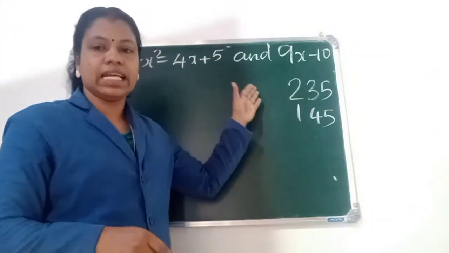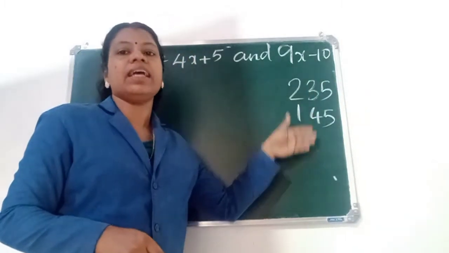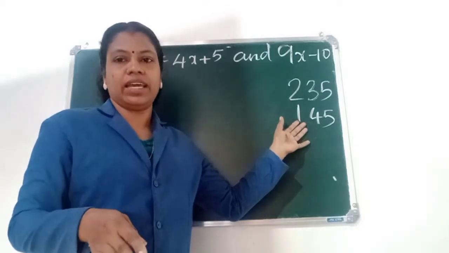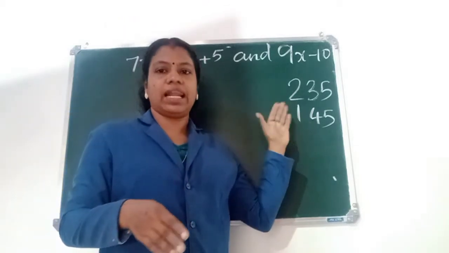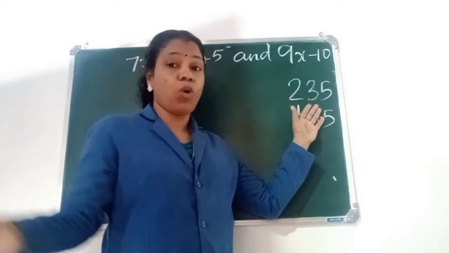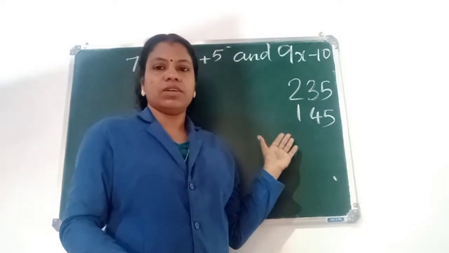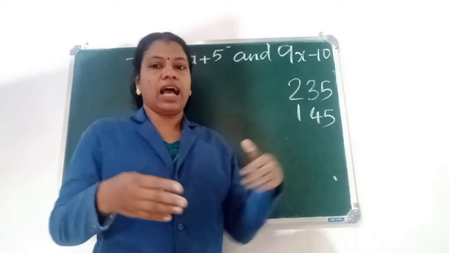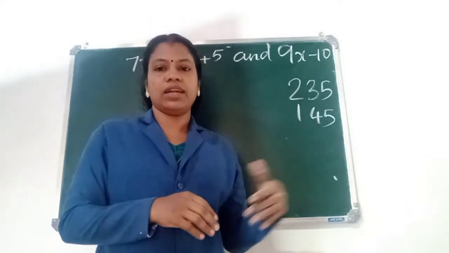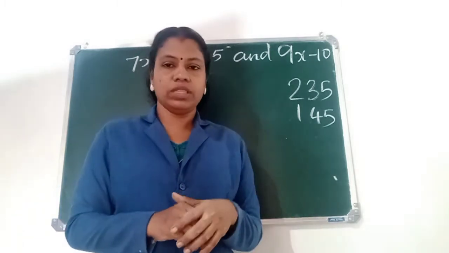You write the like terms of the first expression, then write the like terms of the second expression below, then add. But it is very difficult to arrange the like terms in this way because when the expression has more terms, it is very difficult to arrange them. So just leave that method. I will teach you a simple method to add or subtract polynomials. This is the easiest way, so you can follow this method.